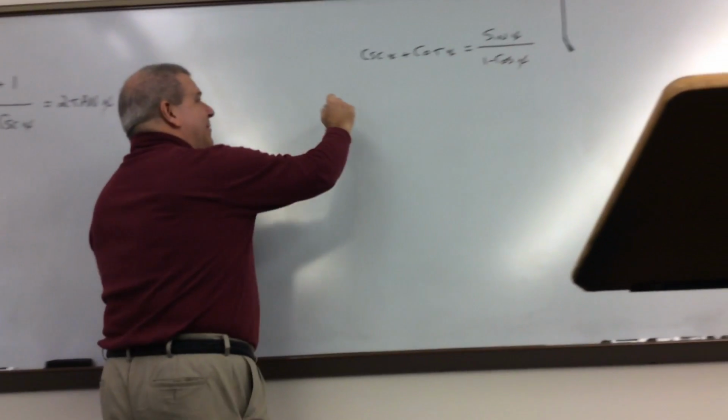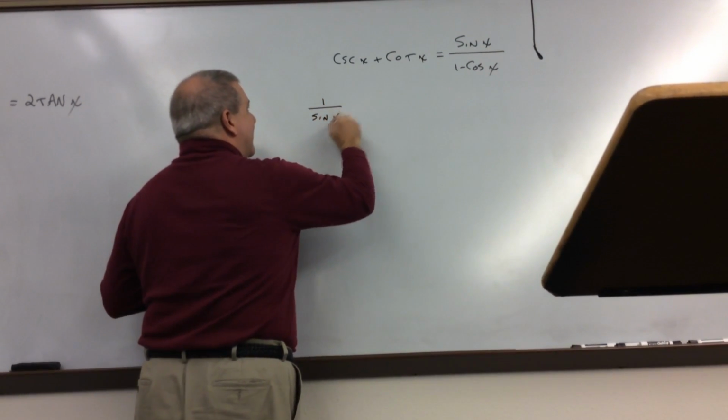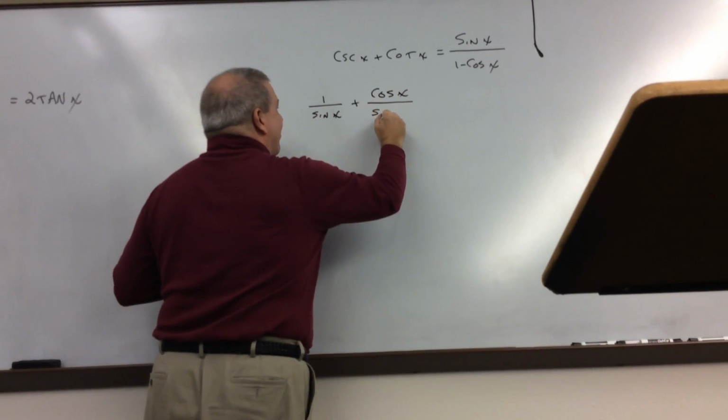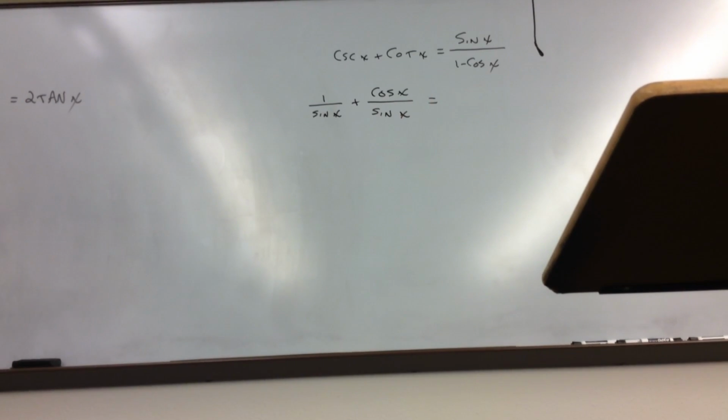Rob? Sine and cosine. Go ahead. It would be 1 over sine of x plus cosine of x over sine of x. This one isn't as bad as you think if you were paying attention the other day. Now what?